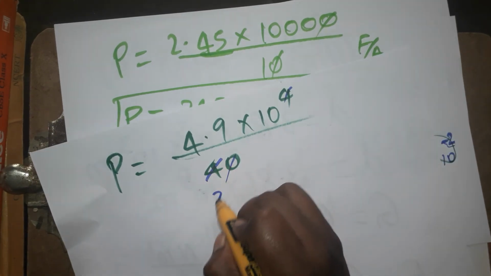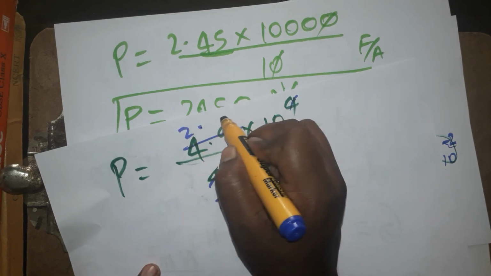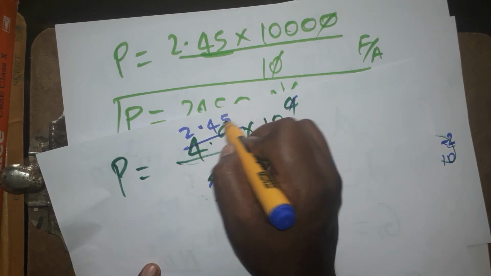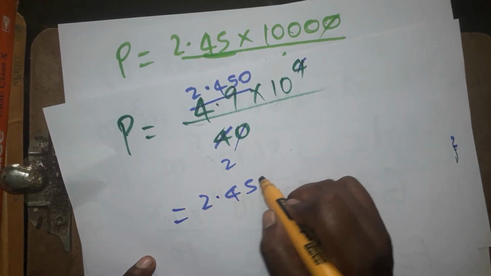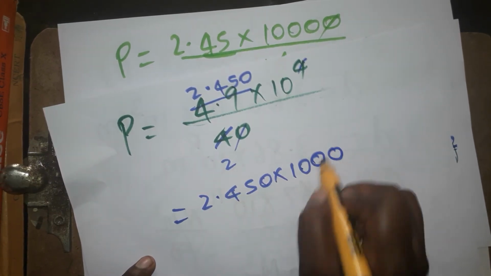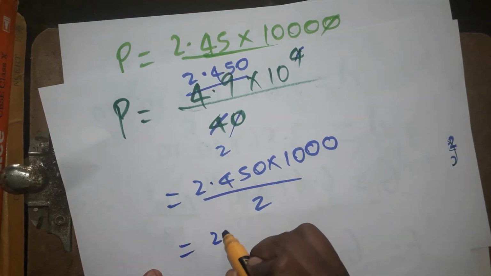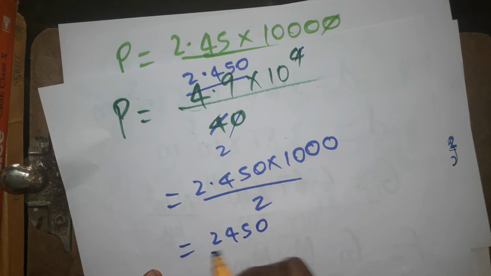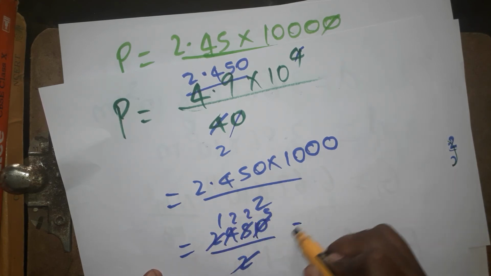Cancelling 2 tables, I'll get 2.450. Again 2.450 into 1000 divided by 2. So this I will get as 2450 divided by 2, which is 1225.